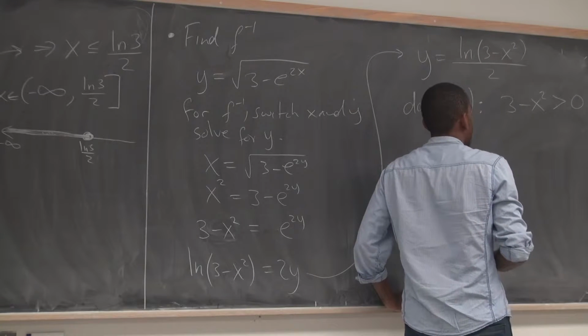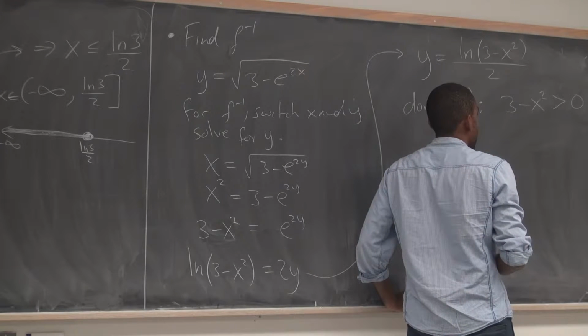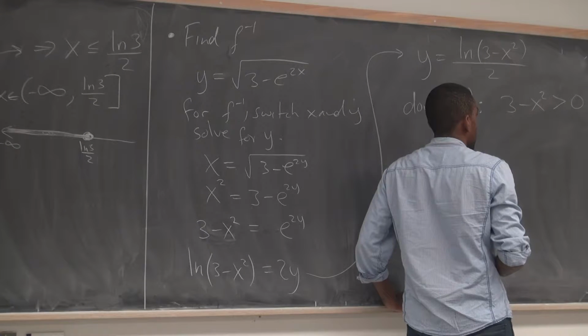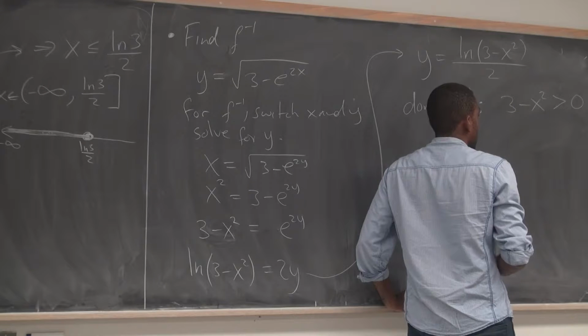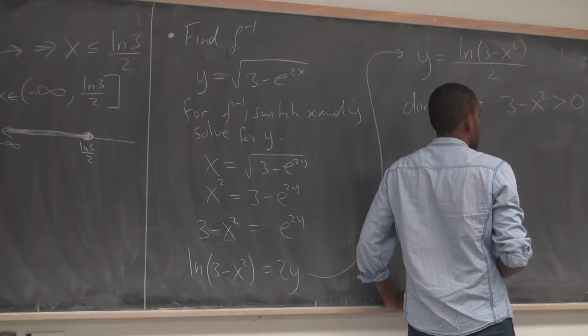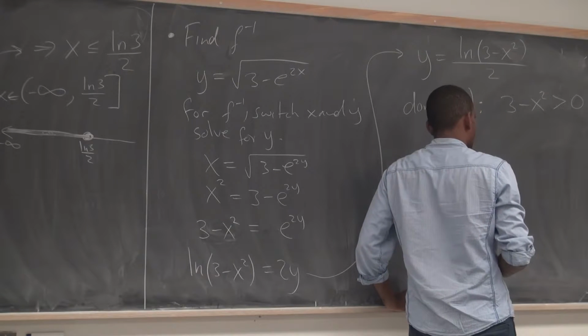How do I solve that? X squared less than 3? Not at all. Doesn't work.